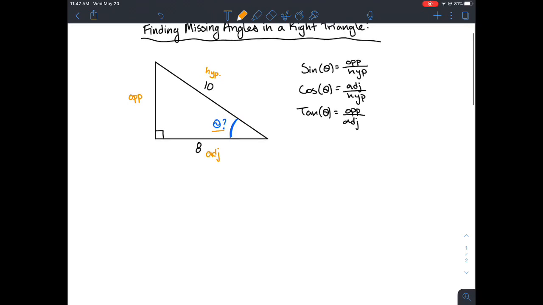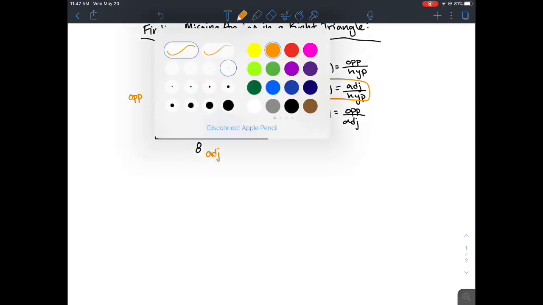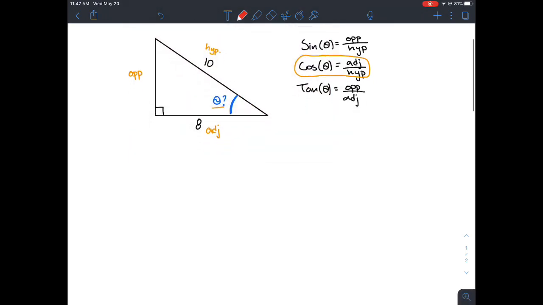We're looking at the hypotenuse and the adjacent, and the only one that deals with the hypotenuse and the adjacent is cosine. So we're going to be using cosine for this. To solve for it, we're going to say we have cosine of theta equals 8 over 10.